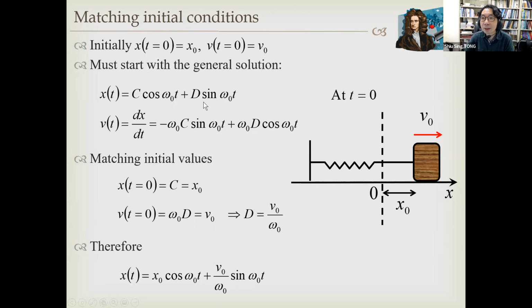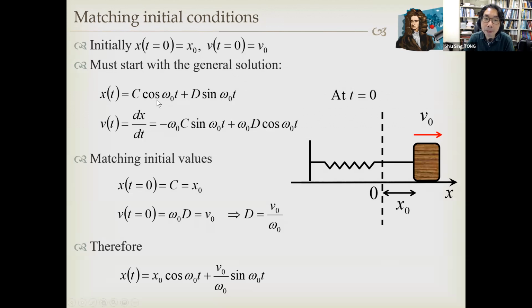I emphasize again that this solution is completely identical. It's equivalent to the solution with an amplitude and an initial phase. A sum of a cosine and a sine with the same frequency is just shifting the peak of the cosine with an initial phase.